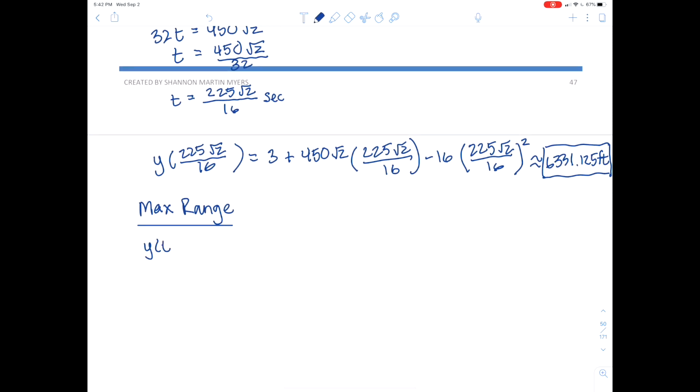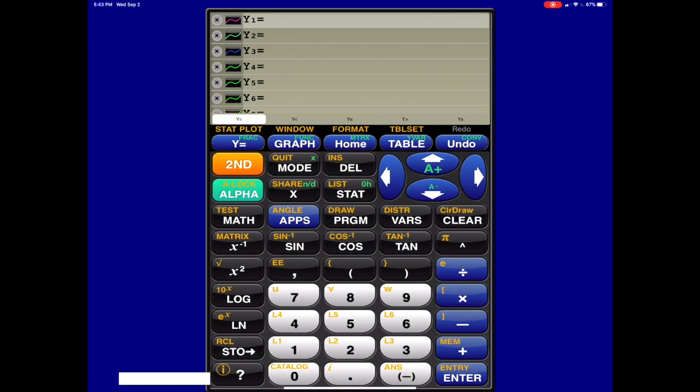So again, y at t was equal to 3 plus 450 root 2 t minus 16 t squared. If I set that equal to 0, I'll put it down in descending order: negative 16t squared plus 450 root 2t, and then plus 3. I'm just using x for the symbol. It's really t.